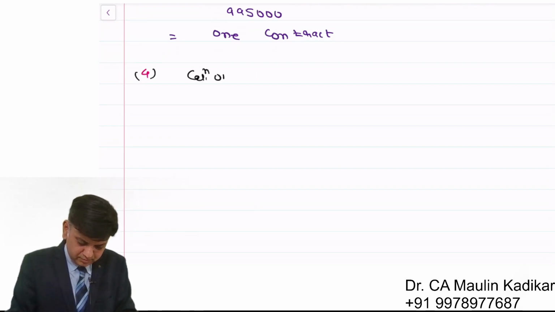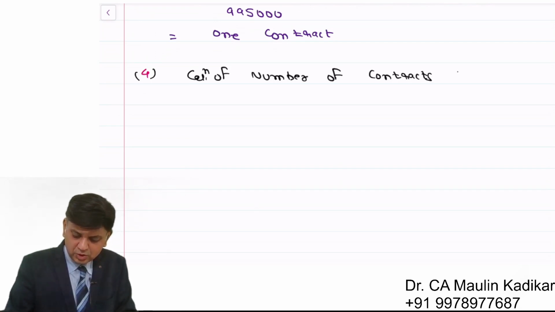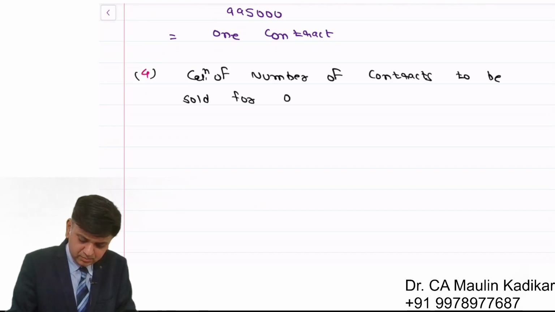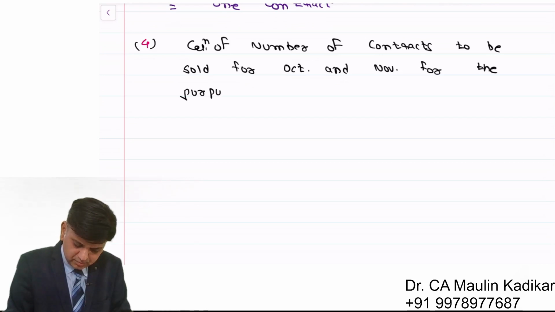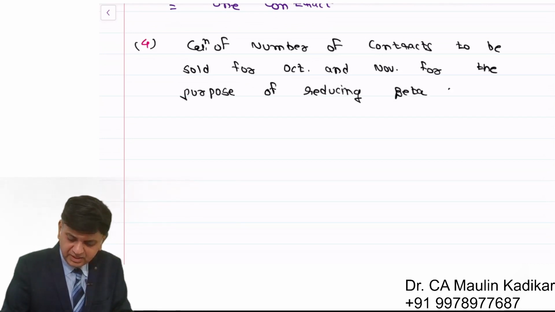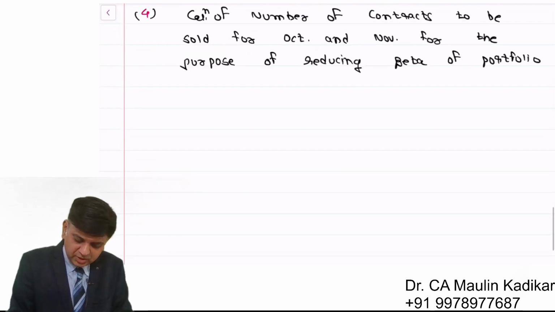Calculation of number of contracts to be sold for October and November for the purpose of reducing beta of portfolio to 0.25.